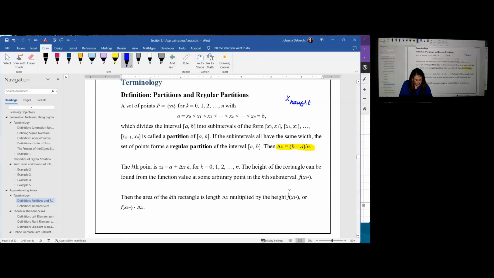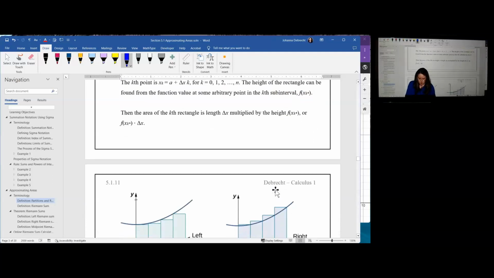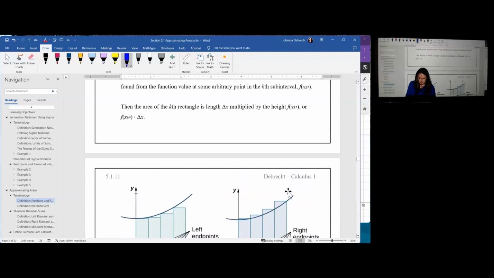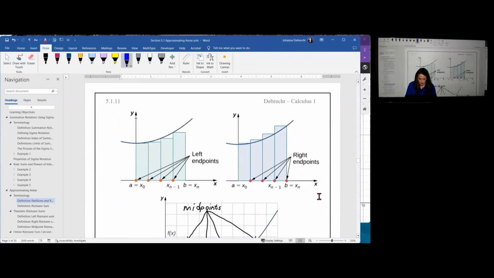Let's take a look at a picture so that we can see what we're looking at. If I were looking at the kth interval on this one, let's say this is the kth subinterval, I'm going to compute an x sub k star. The height there at that point would be the function value, and I would compute the height of the rectangle at that point.